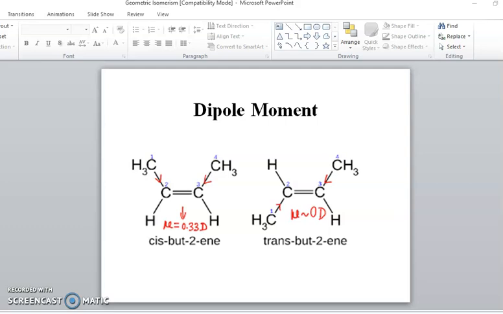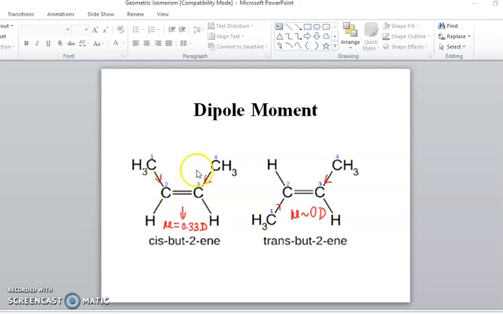Dipole moment is due to the difference in electronegativity. And remember, dipole moment is a vector quantity. It is represented as a vector term. So whenever you take this molecule, cis butene, this is the CH3 group, and you have this CH3 group also, and this carbon is an sp2 hybridized carbon.